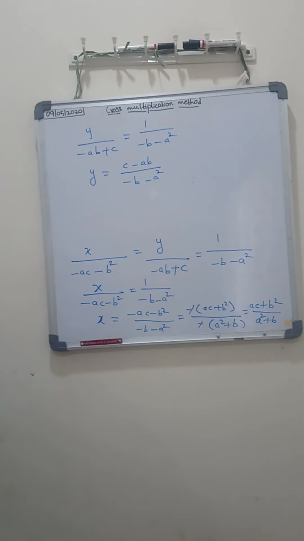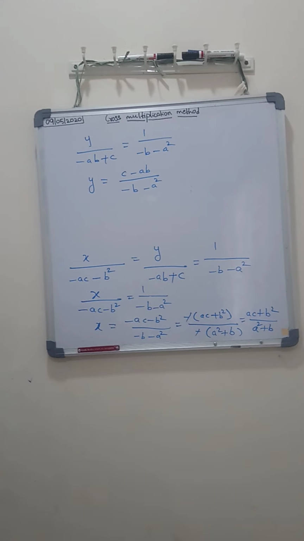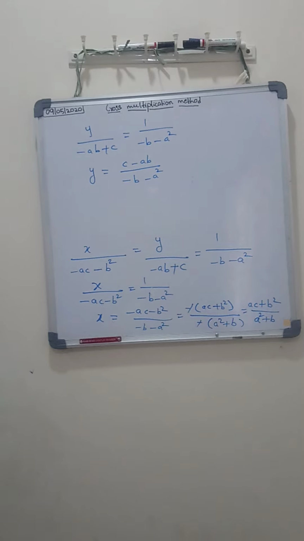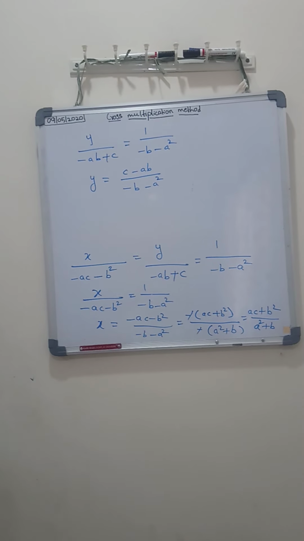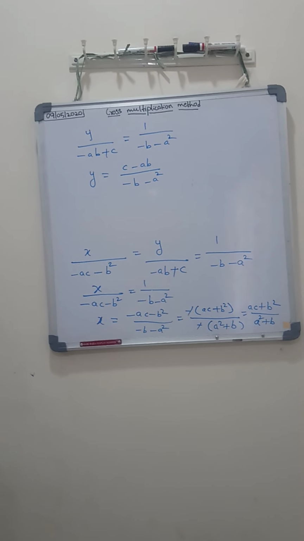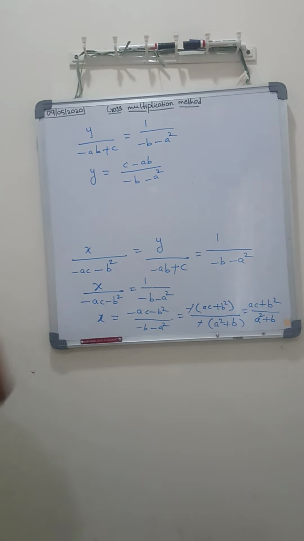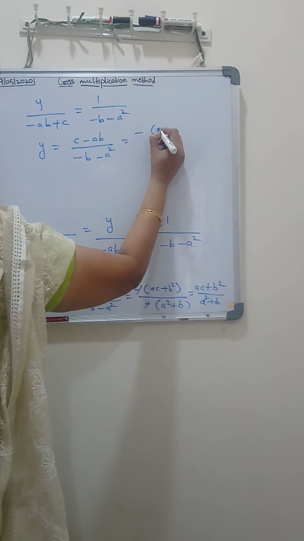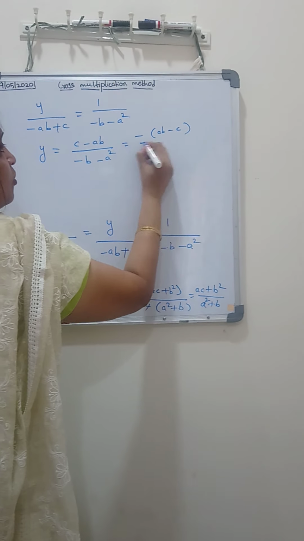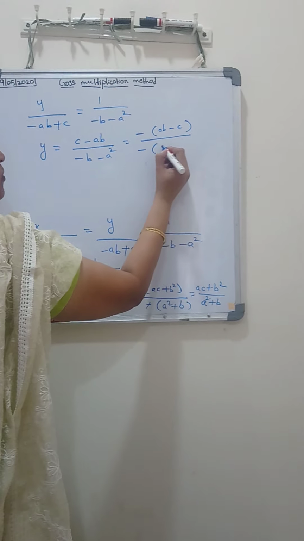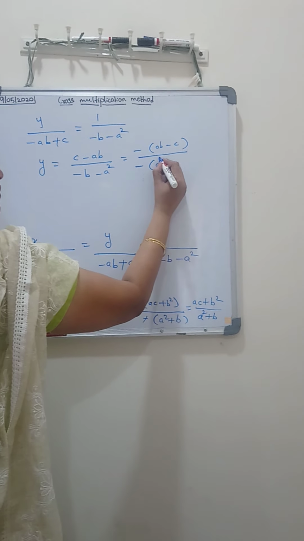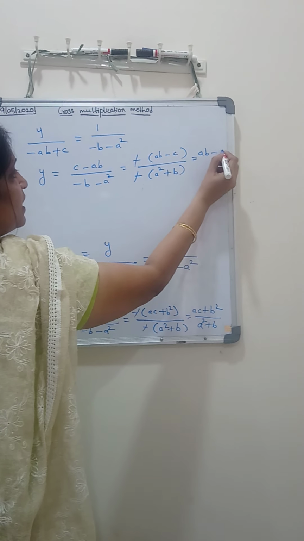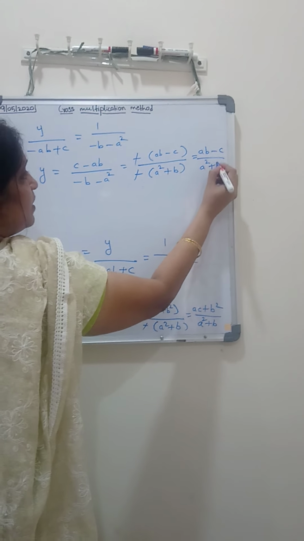As in the previous case you took minus common, like that you can take minus common, or else you can keep it like that only, children. You got y is equal to c minus ab by minus b minus a square. If you take minus common in the numerator, you will get ab minus c. In the denominator, if you take minus common, you will get a square plus b. Minus minus cancels, you will get ab minus c by a square plus b, children.